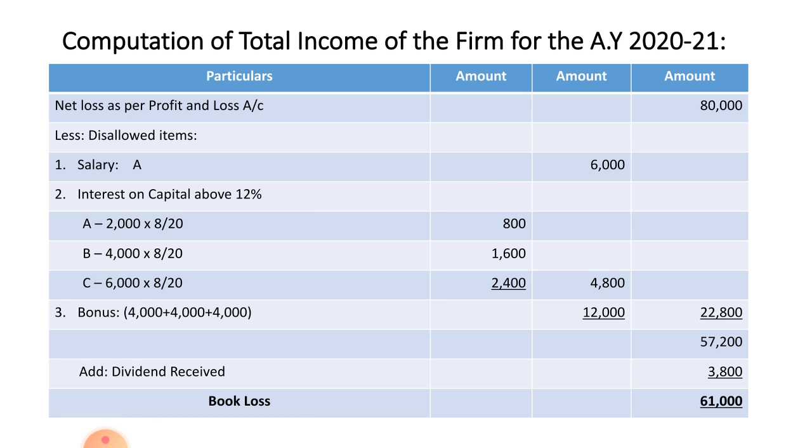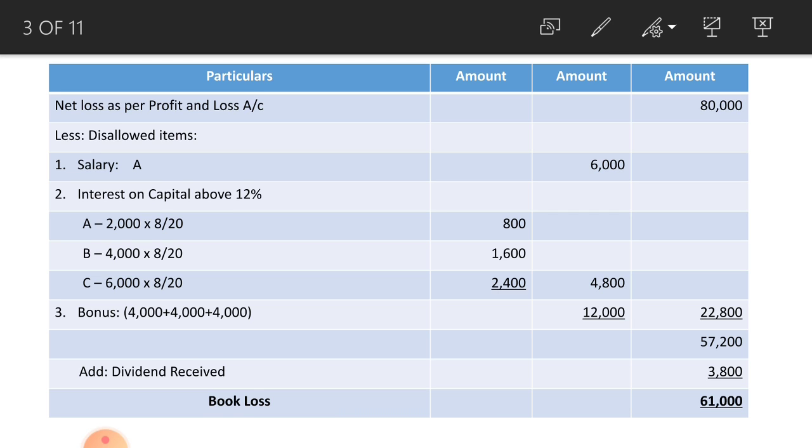Next, bonus of three partners 4,000, 4,000, 4,000, that amounts to rupees 12,000. So the total disallowed items amounts to rupees 22,800. You have to deduct that from net loss, that is 57,200.